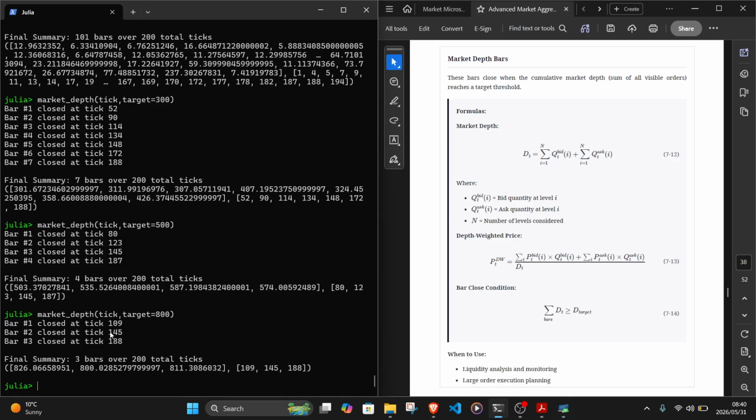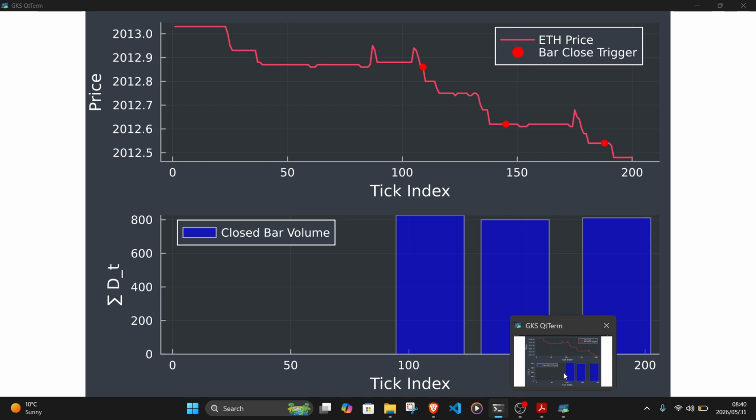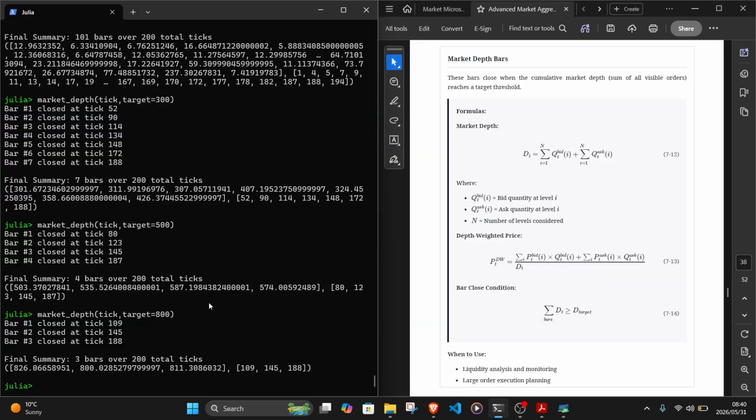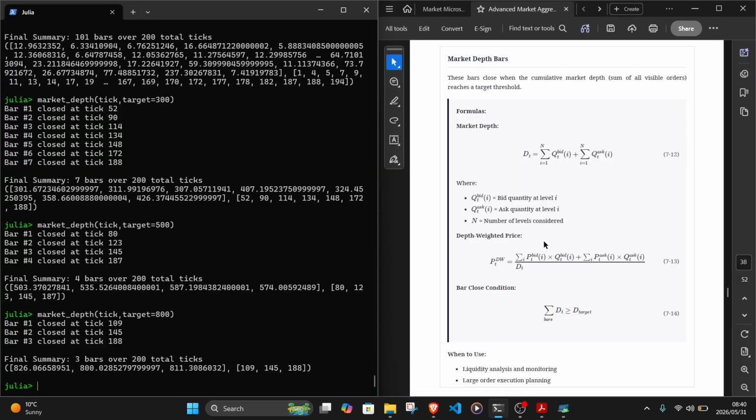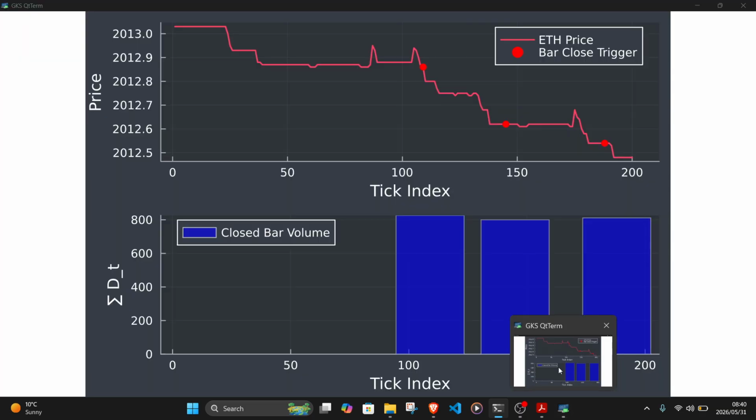Bar 1 closed at the 109th tick, bar 2 got closed at the 145th tick, and bar 3 got closed at the 188th tick, right? And as you can see, the market depth is fairly similar across all closes, right?